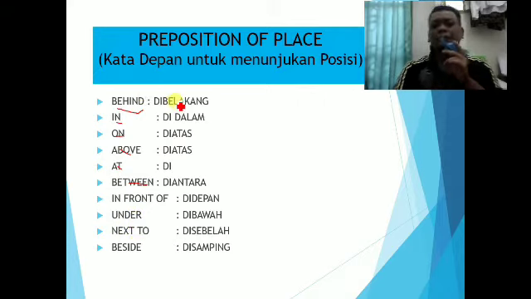Behind means di belakang, in di dalam, on di atas, above di atas, between di antara, in front of di depan, under di bawah, next to di sebelah, and beside di samping.